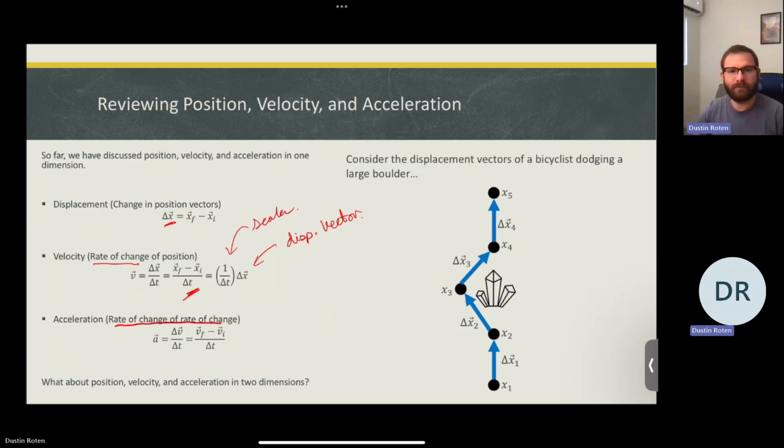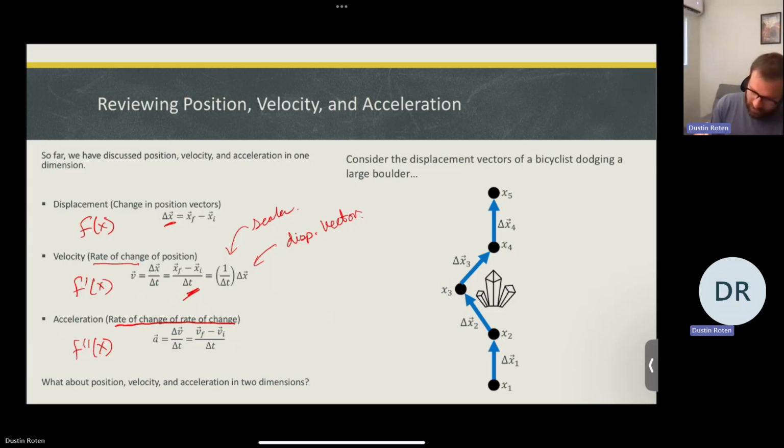I know it gets a little confusing, but if you're very math-minded, calculus-minded, just remember that this is your position as a function of time. Your velocity is your first derivative, and your acceleration is your second derivative.